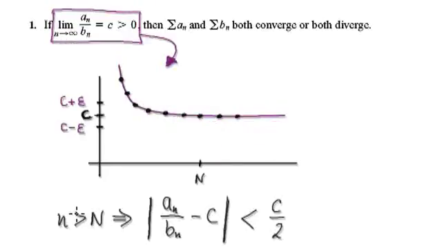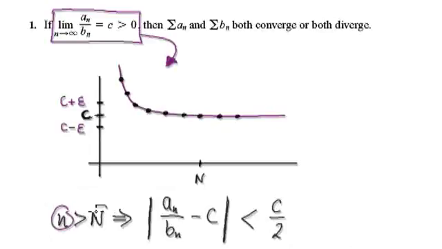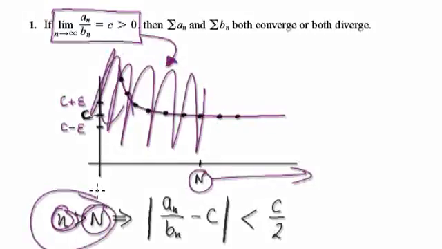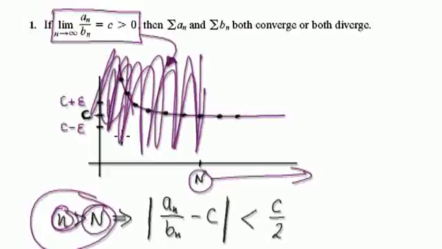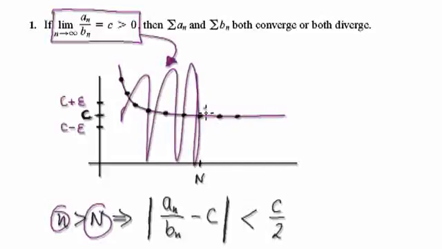So I can actually deduce this. I can actually say for all n above capital N, I don't care about anything before capital N. I'm just talking about this bit here.